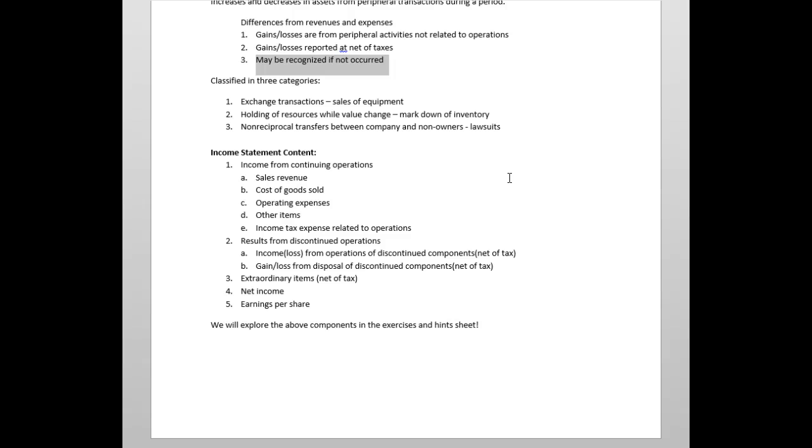And they are classified in three categories. There can be an exchange of transactions such as a sale of equipment, holding resources while the value changes. A markdown of inventory is going to be a gain or a loss, basically a loss. And non-reciprocal transfers between company and non-owners, think lawsuit. So these are the things that you're going to show a gain or a loss on, and those will be recorded net of taxes.